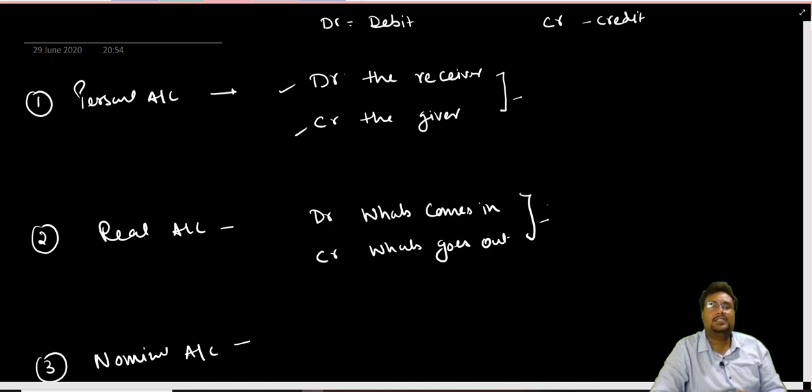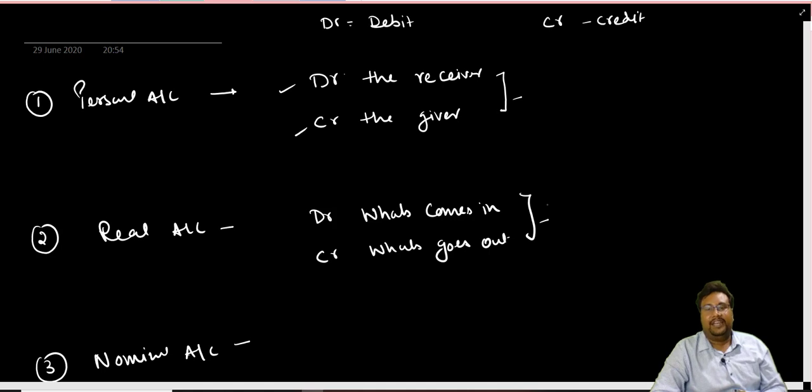Okay, say this again. Debit what comes in, credit what goes out. So debit is all about what thing is coming into the business, and credit is what thing is going out from the business.